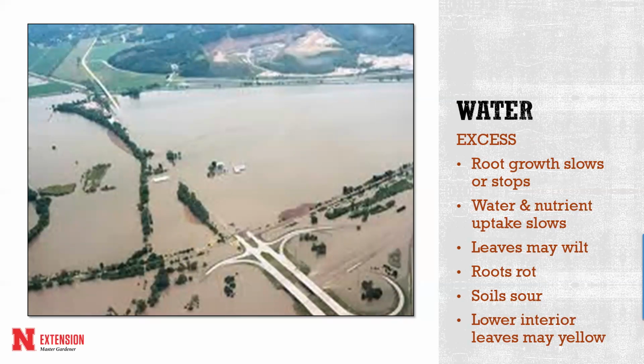The water and nutrient uptake slows down. The leaves may wilt. Your roots will start rotting if it's sitting in too much water. Usually your soils will have kind of a rotten, sour smell. And a lot of times the interior leaves of your plant will become yellow.